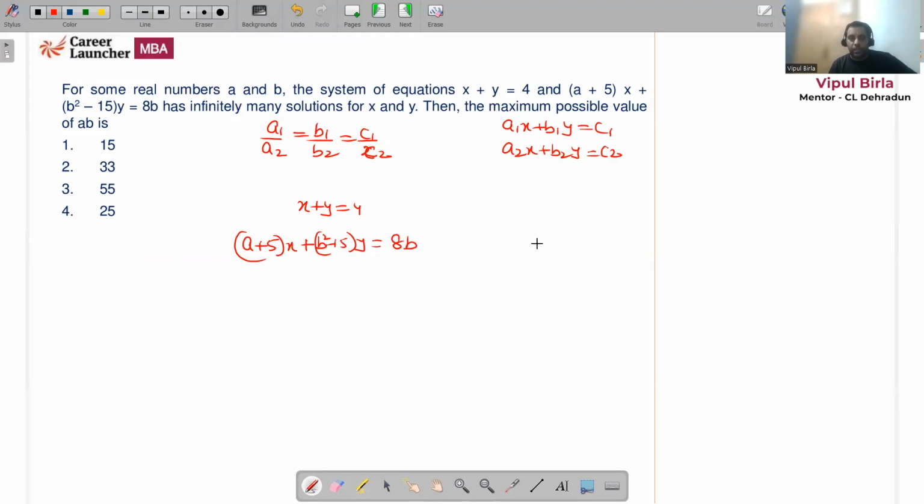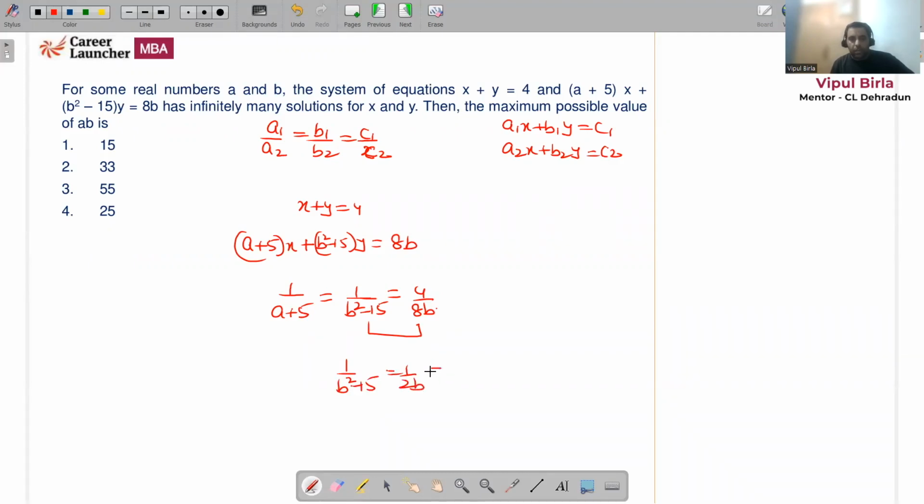So going by this, I get 1 upon a plus 5 is equal to 1 upon b square minus 15 is equal to 4 upon 8b. If we take these two, I get 1 upon b square minus 15 is equal to 1 upon 2b.